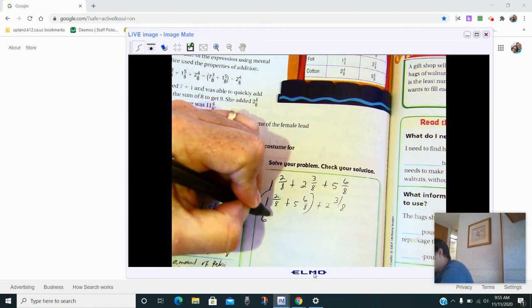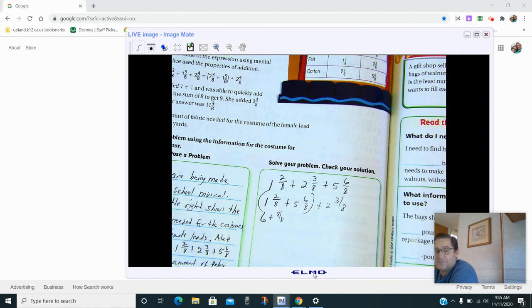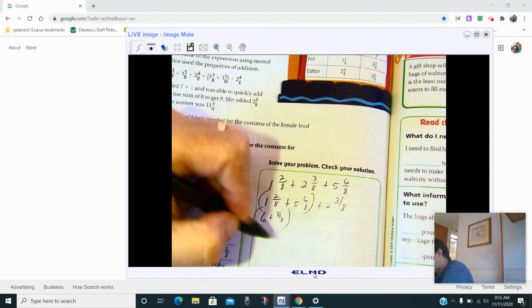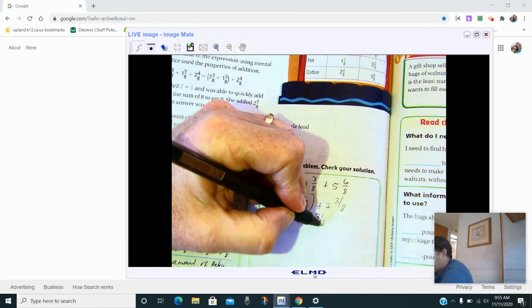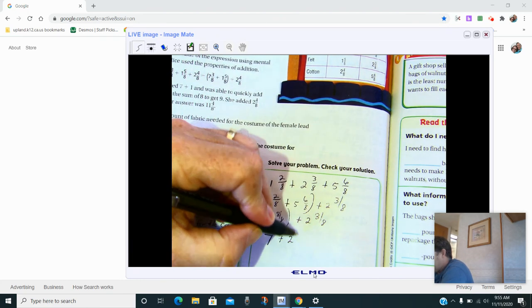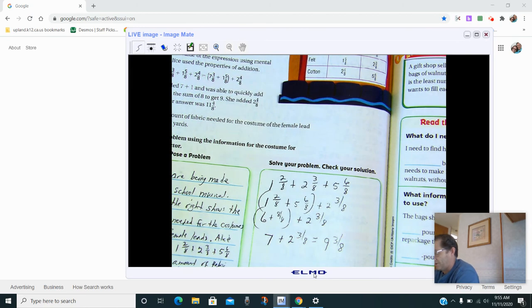But so 6 plus 8/8. That's what I would be doing in my head. 6 plus 8/8. And I would recognize that that's 7. So then I would add 2 and 3/8 to that and get 9 and 3/8 yards fabric.